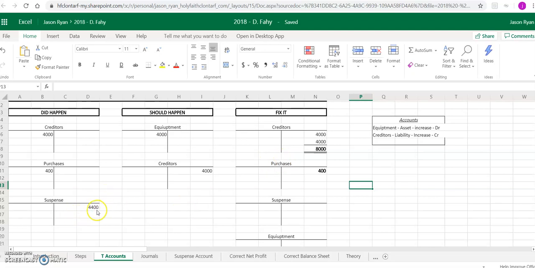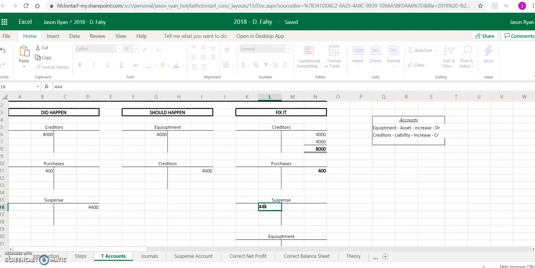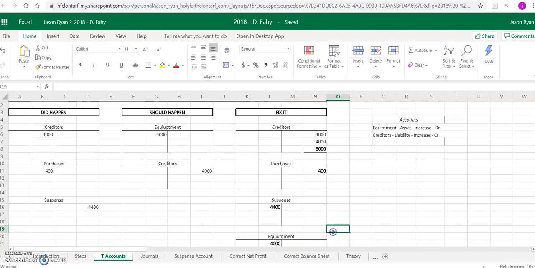In our suspense then, we've got credit of 4,400. To correct that, we're going to debit 4,400. We're going to cancel off the suspense. And then our equipment account, we need to put it in on the debit side. So we're going to debit our equipment at 4,000.